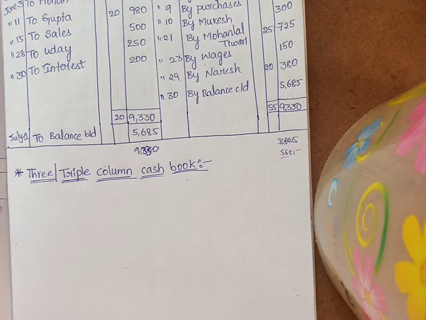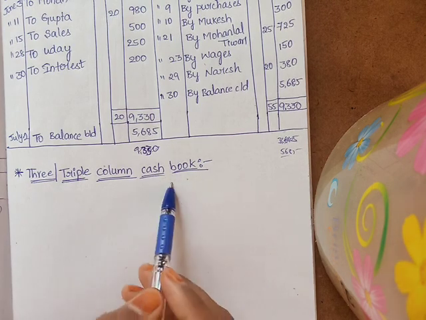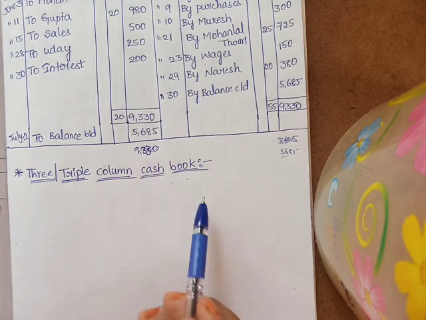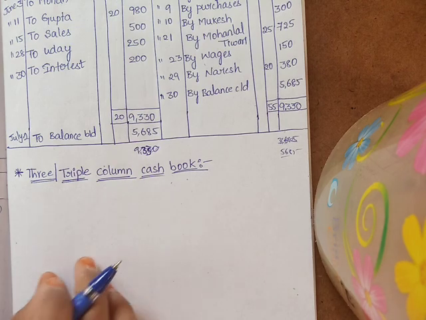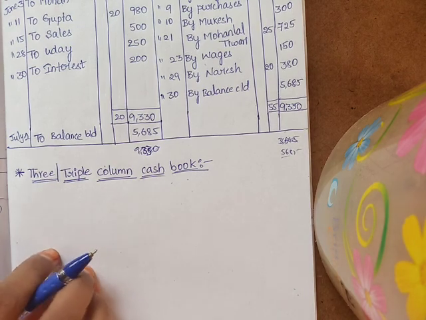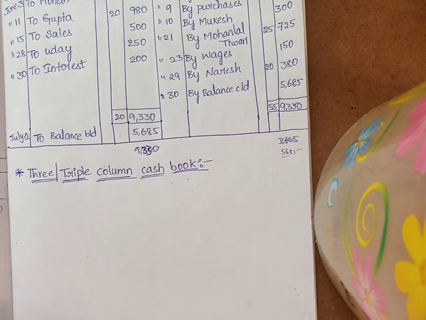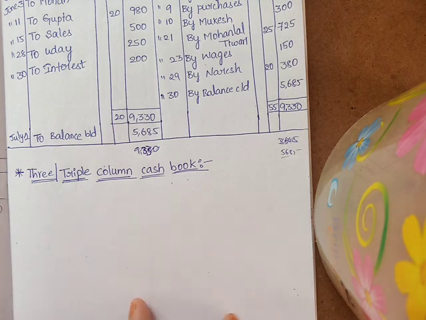So this cash book has three columns, one for cash, one for bank, and one for discount on each side. Okay, so all cash receipts, deposits into bank, and discount allowed are recorded on which side? Debit side. And all cash payments, any withdrawals from bank, or any discount received are recorded on the credit side.